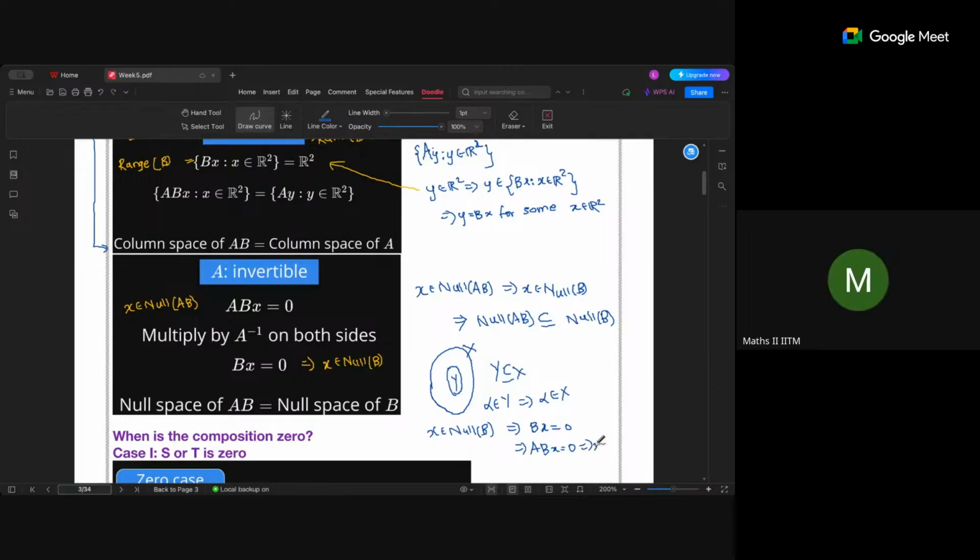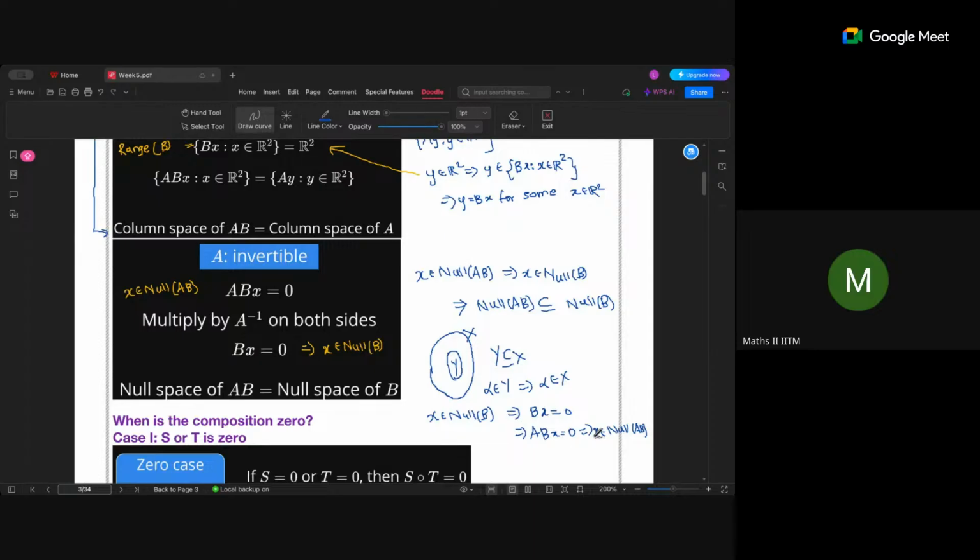Then this means that x belongs to null of AB, correct? Now we have said x belongs to null of B implies x belongs to null of AB. Now this means that null of B is a subset of null of AB. So if null of AB is a subset of null of B and the other way around is also true, what is the relation between null of AB and null of B?